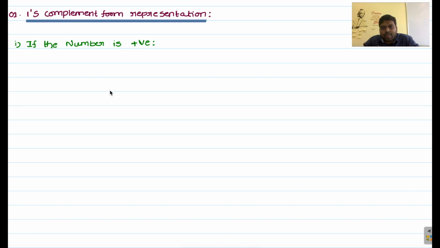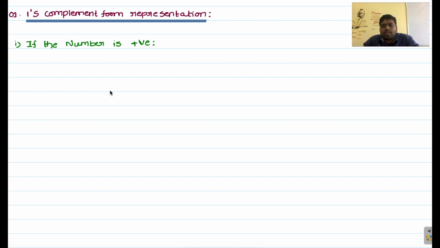Sometimes they provide positive binary numbers and they may ask about ones complement and twos complement of that particular number. In that situation, first of all, complement forms are not applicable for that positive number.